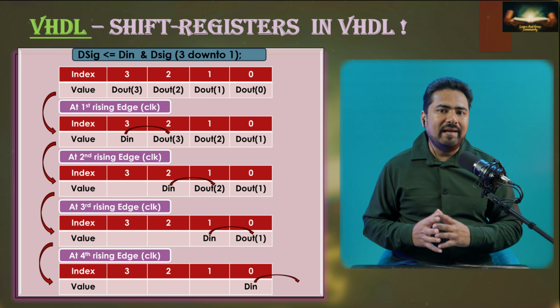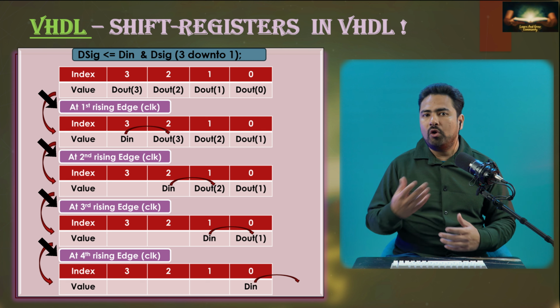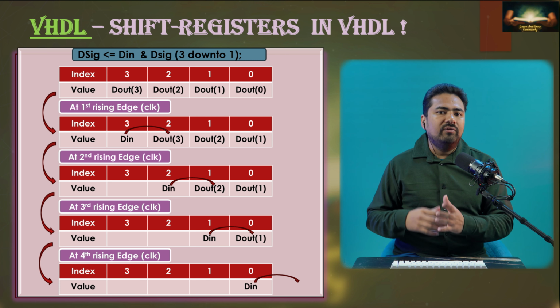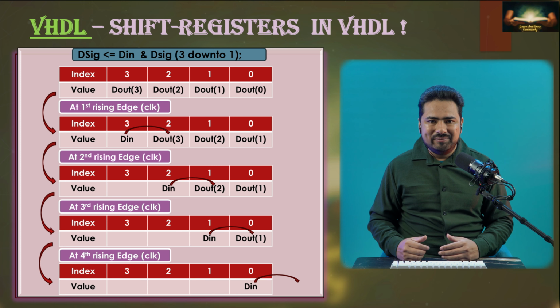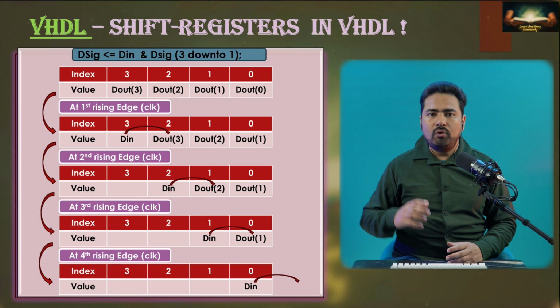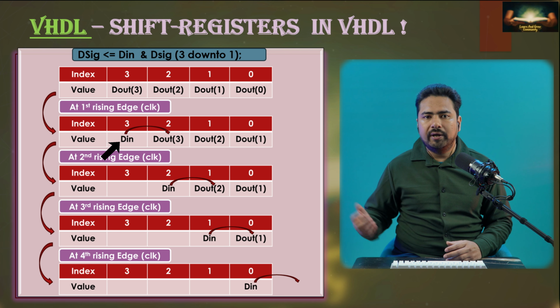This is the detailed explanation of what is happening at every rising edge of the clock signal. Although you can easily understand it if you are clear with the last few slides, still, let me quickly explain it. So at the first rising edge of the clock signal, we start from the first assignment. We moved D in to D out 3.